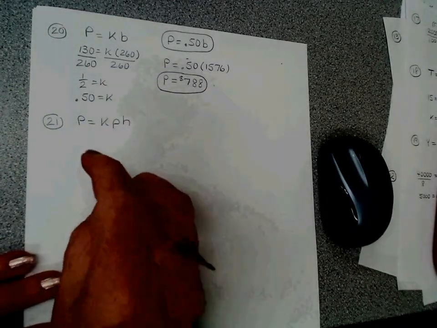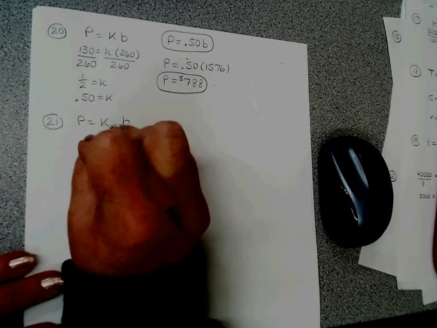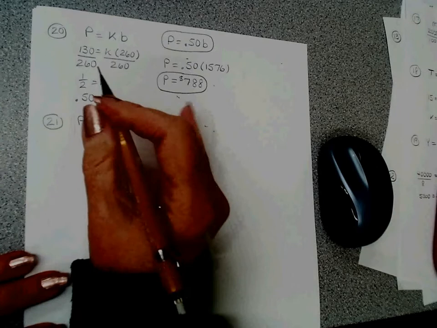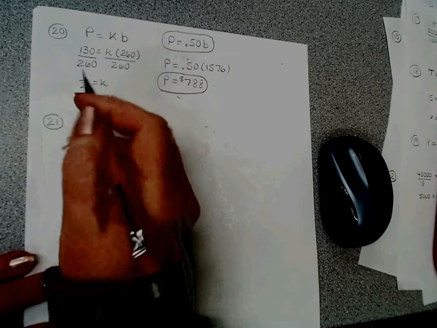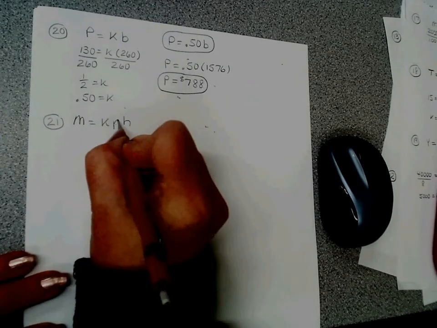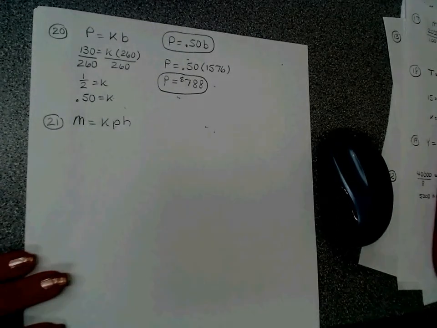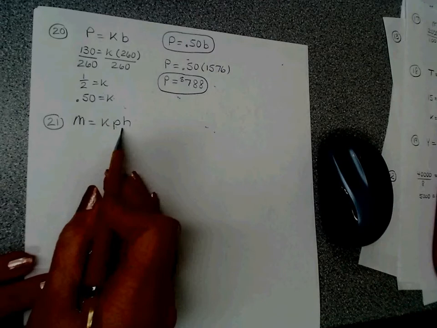So, you know what, I don't like this because I've got two P's and that might be confusing. So let's use money. The money they make varies jointly as the people and the hours. Okay? So money varies jointly as the people and the hours.